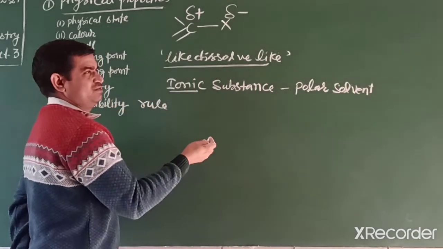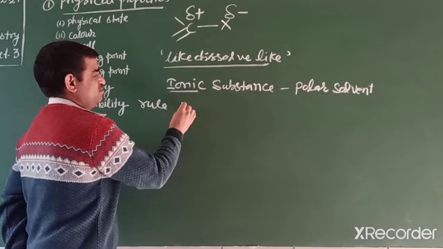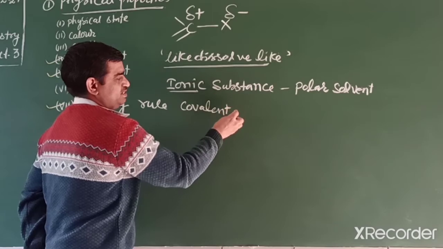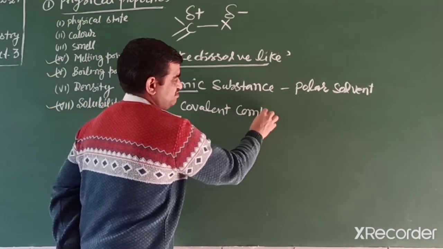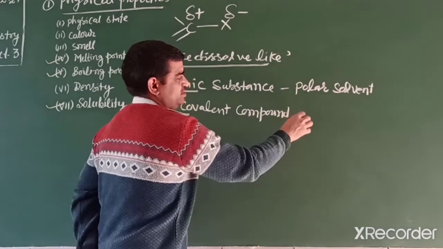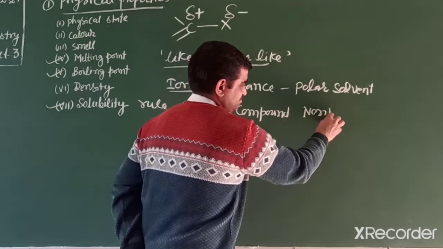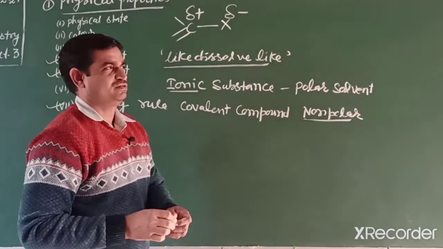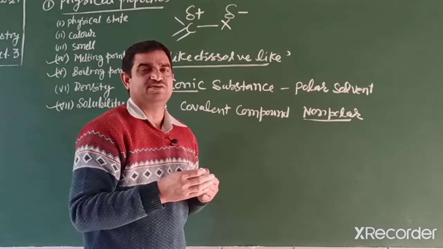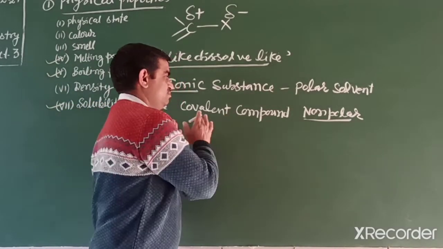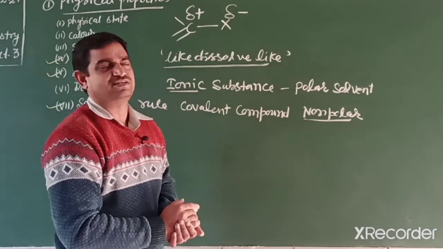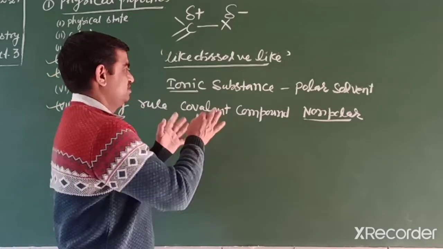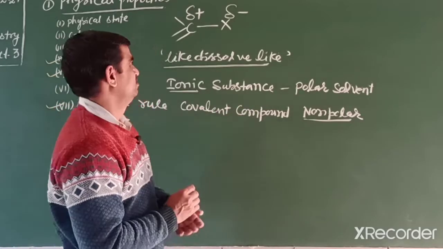And non-ionic or covalent compounds are soluble in non-polar solvents. That is the general rule: hydrocarbons like oil and petroleum substances are easily soluble in carbon tetrachloride, benzene and ether, but salts and similar substances are usually soluble in water.